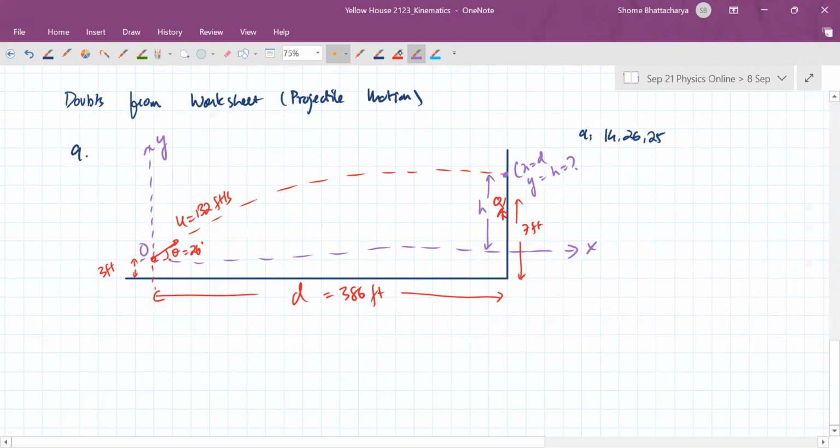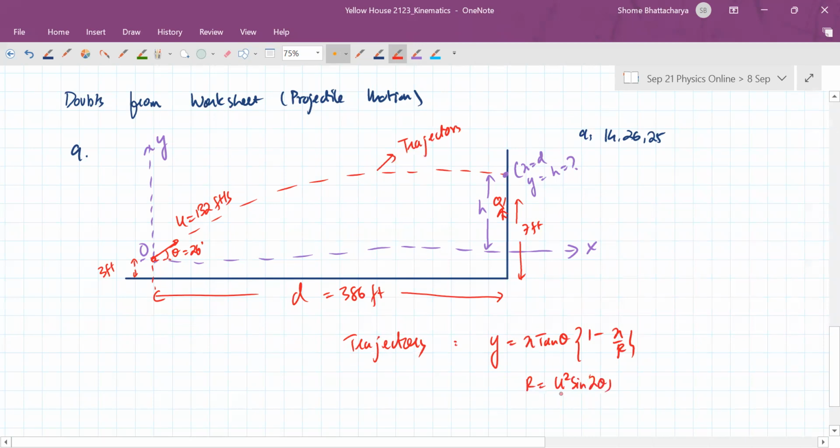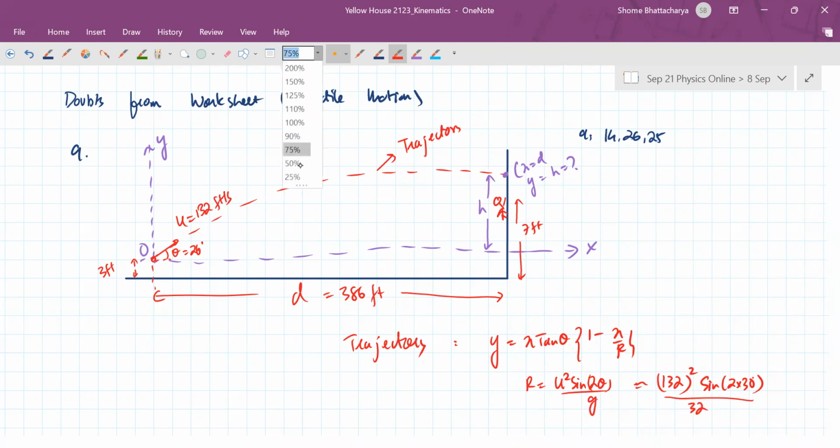To calculate this, the easiest thing is to write the equation of trajectory. We write it in this form: y is x tan theta into 1 minus x by r, where r is equal to u square sine 2 theta divided by g. So here that will be 132 feet per second square into, we'll take this approximately as this much. So let's do this calculation for r.